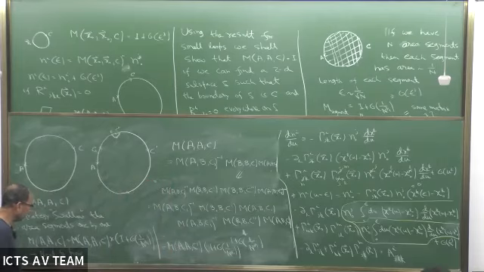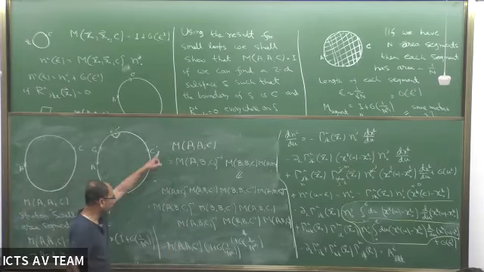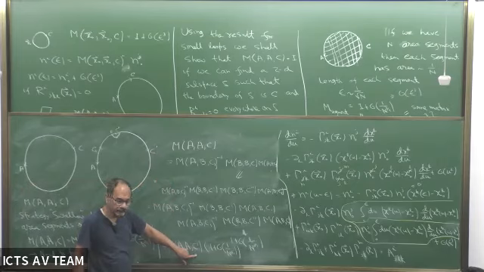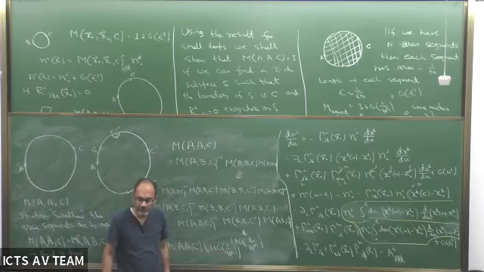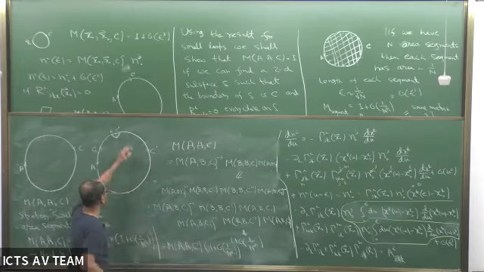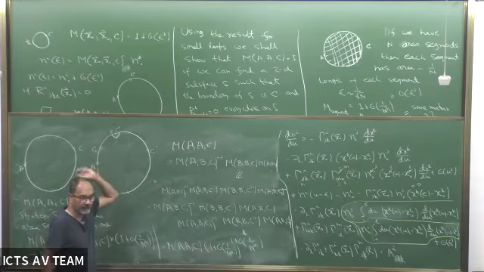So now we are done, right? We have proven that MAAC is MAAC prime times 1 plus order 1 over n to the 3 half. And now you can repeat this. You can start with C prime and cut out some other region somewhere else. We can do it here or somewhere else, it doesn't matter.